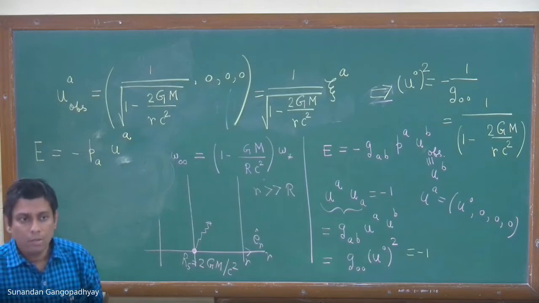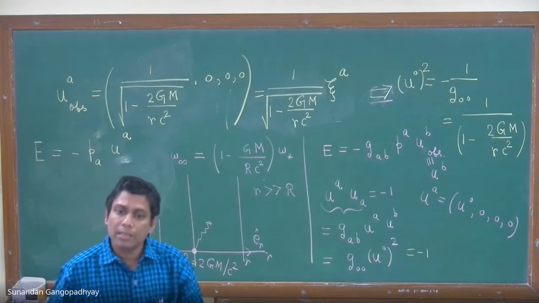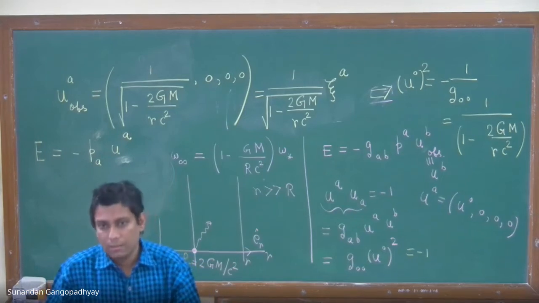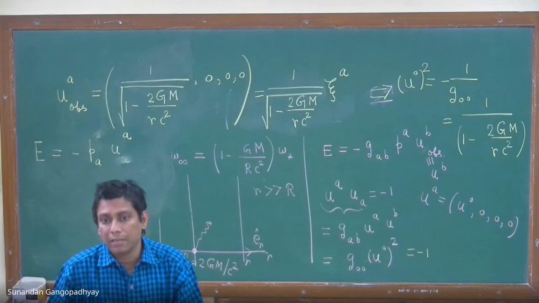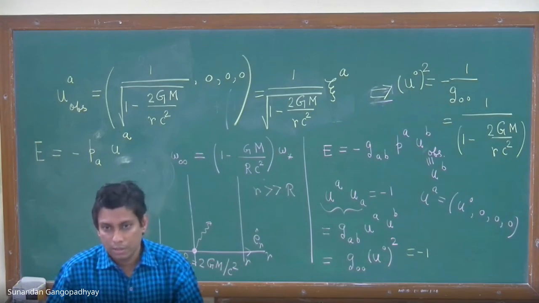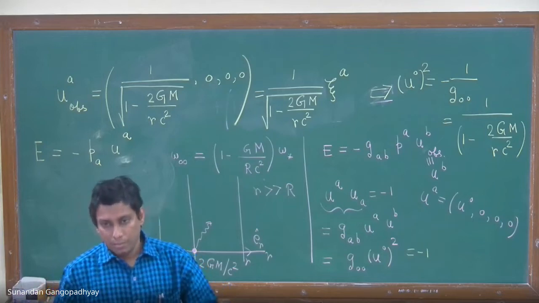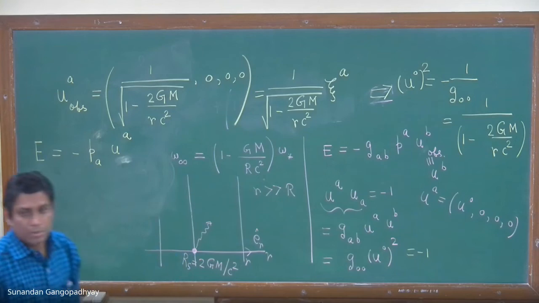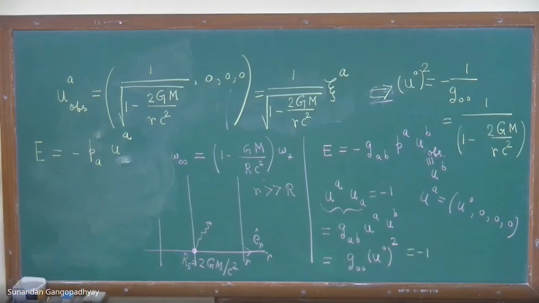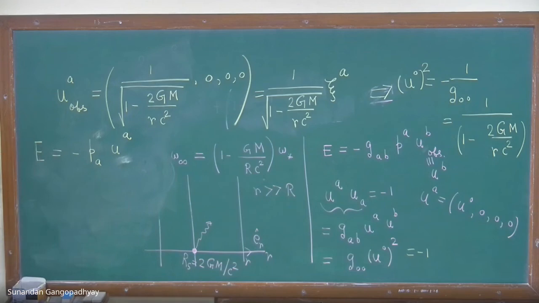If you move along the time-like direction, there is no change in the metric. The metric is there, but if you move along this direction, the metric will remain the same. Okay, so E is equal to this.